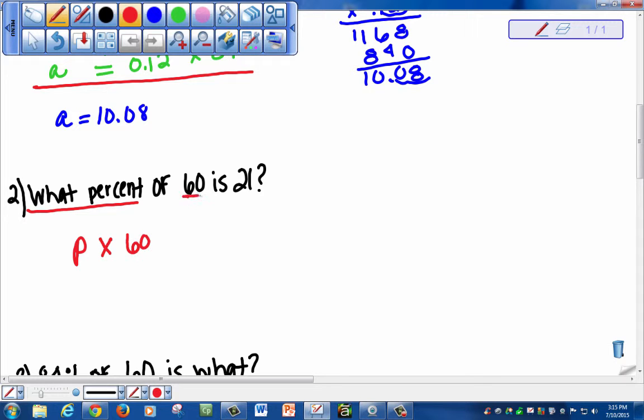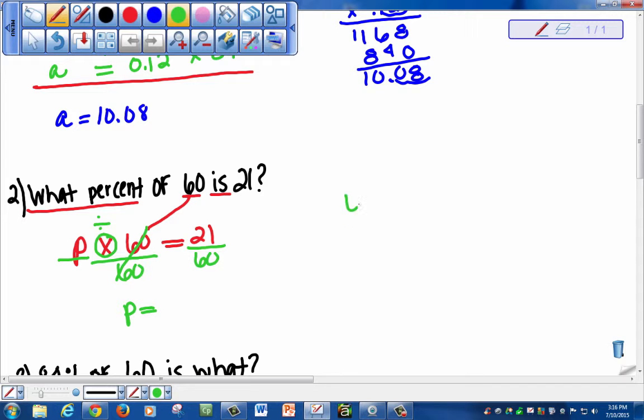We know is equals, and then we're gonna put 21. Now in this case, we're gonna solve for P. In order for us to solve for P, we have to do the opposite of times, which is division. So we're gonna divide by 60, and whatever you do to one side, you have to do to the other.